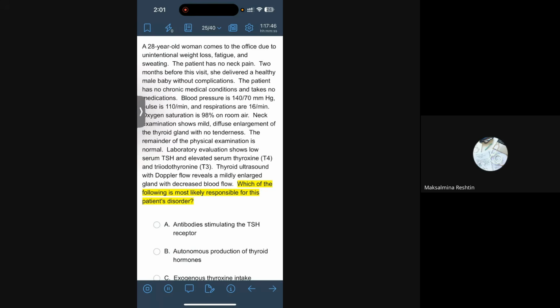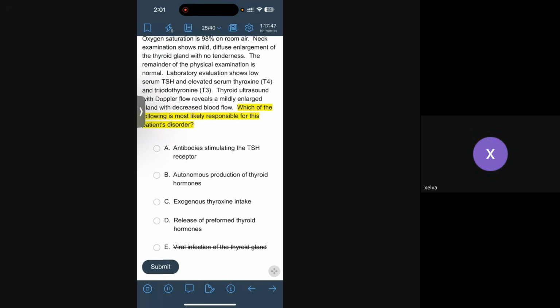Because the cells are damaged and destroyed, and the thyroid hormones are released. The high thyroxine in this patient is due to thyroiditis.